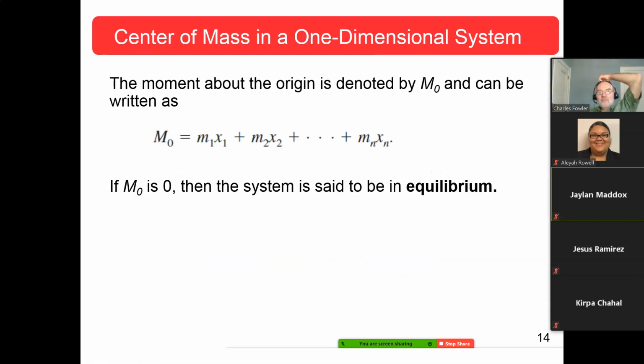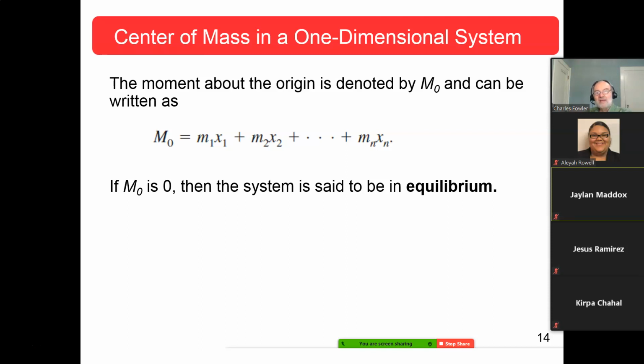Now, the moment about the origin is denoted as M sub 0, and it can be written this way. M sub 0 is m1 x1, understanding this x1 could be positive or negative. Masses are always positive, never negative. You cannot have a negative mass. You can have zero mass, but you can't have a negative mass.